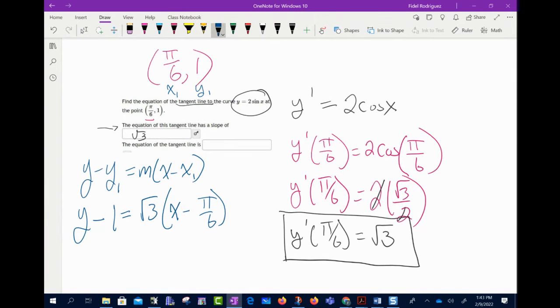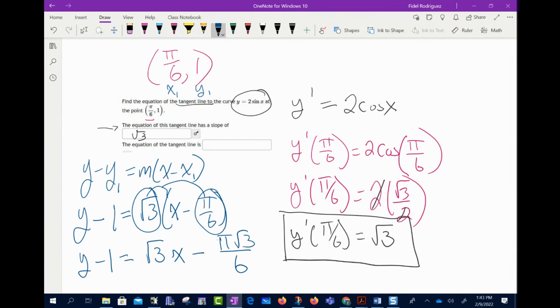So now I'm going to write this as y minus 1. You agree I have to distribute this? Square root of 3 with an x minus, if you're wondering how do I multiply the square root of 3 times pi over 6? Pi square root of 3 over 6. Can't really do much more than that, right?